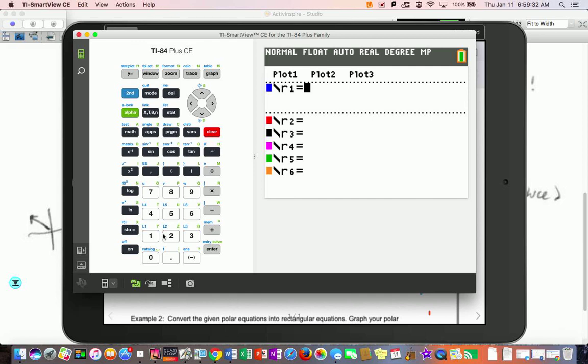So clear that out. 12 divided by 3 cosine plus 4 sine. Technically close the bottom and hit graph.